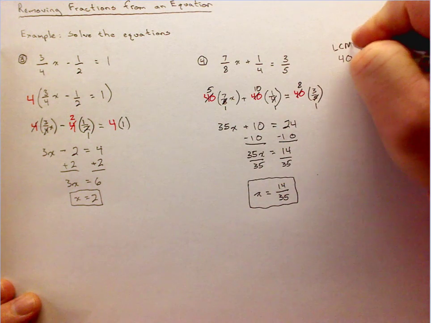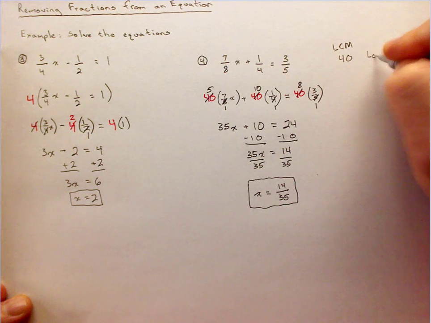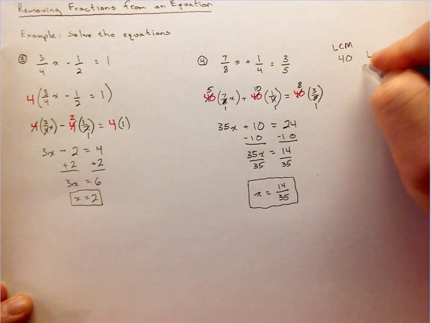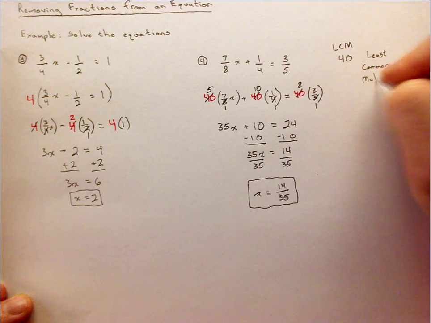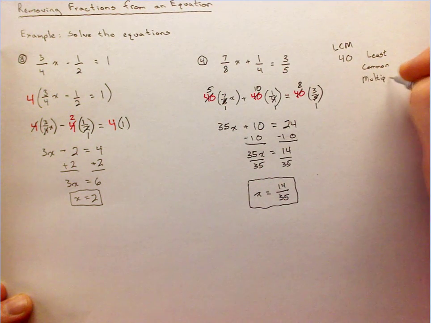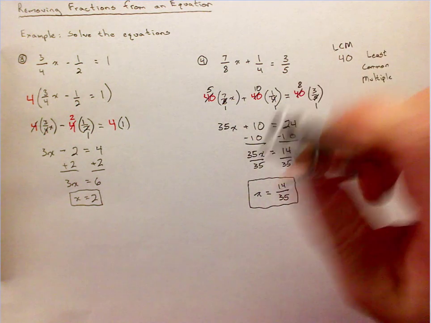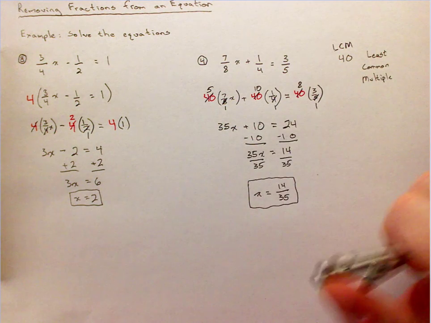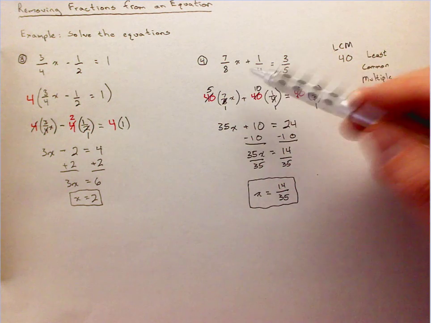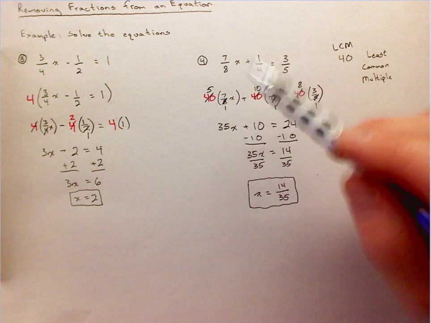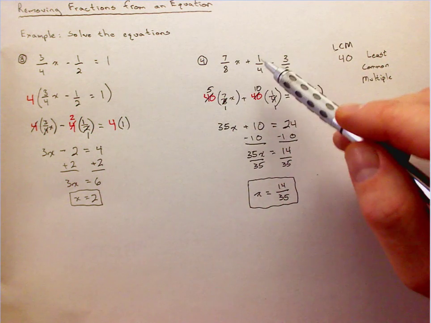In each one of these problems, I hope that you see this was the least common multiple. In finding that number that you multiply through by, I need to emphasize this again.